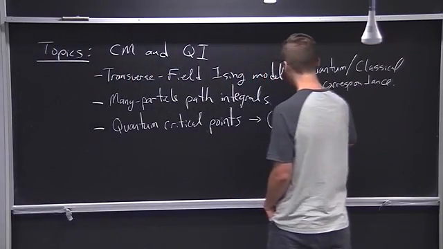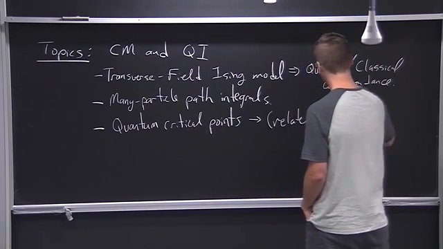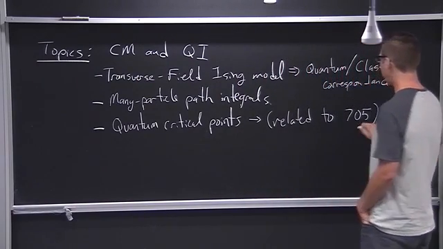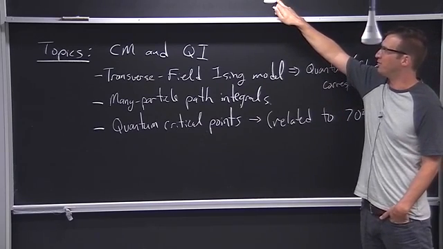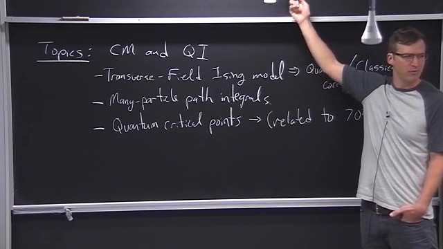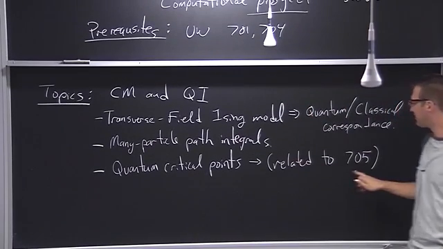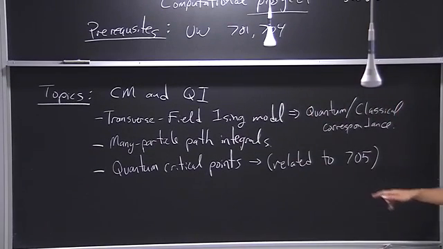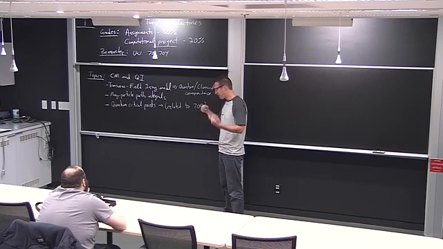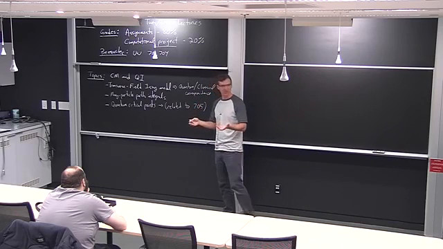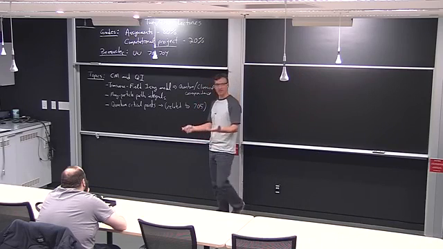So this is related. 705 is the second stat mech course at UW. So 704 is, I don't remember, statistical physics 1, and this is statistical physics 2. But really what 705 is, is the renormalization group. And the renormalization group is that theory of essentially phase transitions that gives you universality.